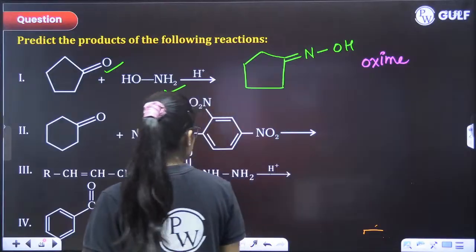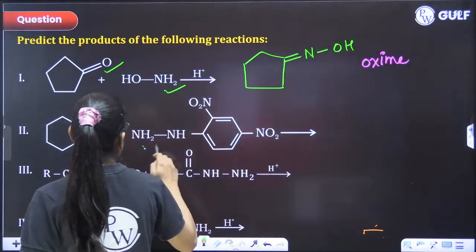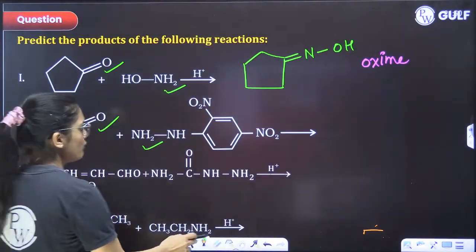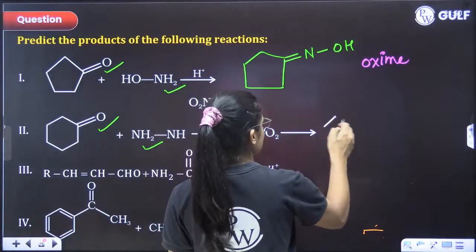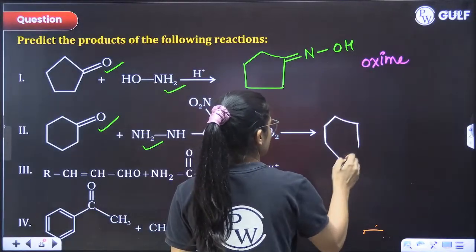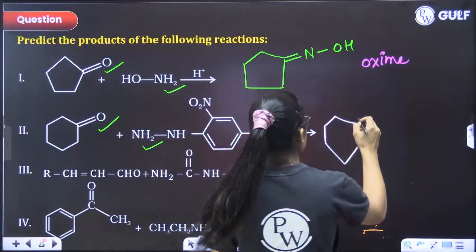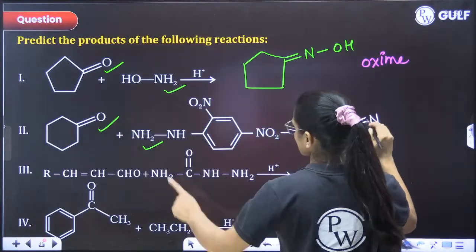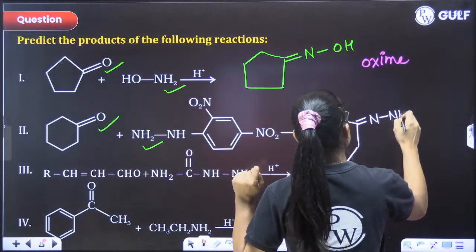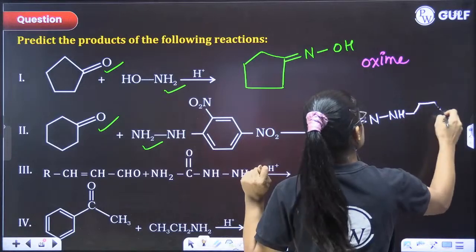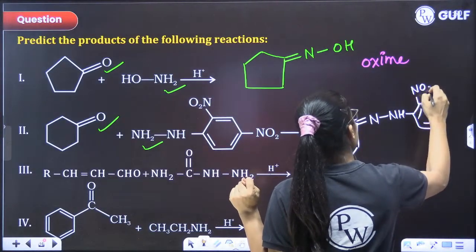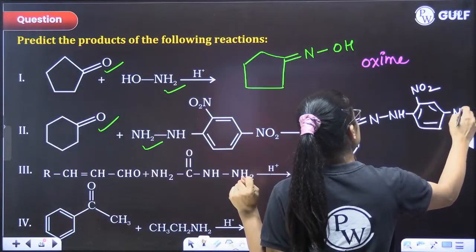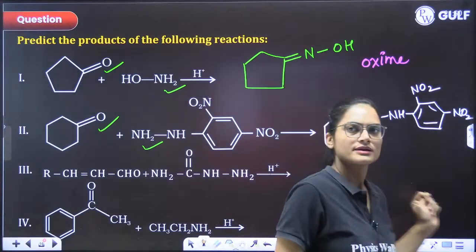So H2 from here and oxygen from your water will be removed, and this is your cyclohexane, double bond N, single bond NH, single bond C6H5, with NO2 at the second and fourth positions. Right?